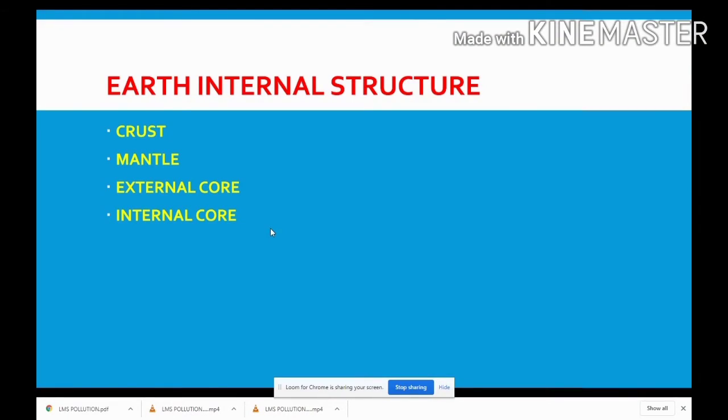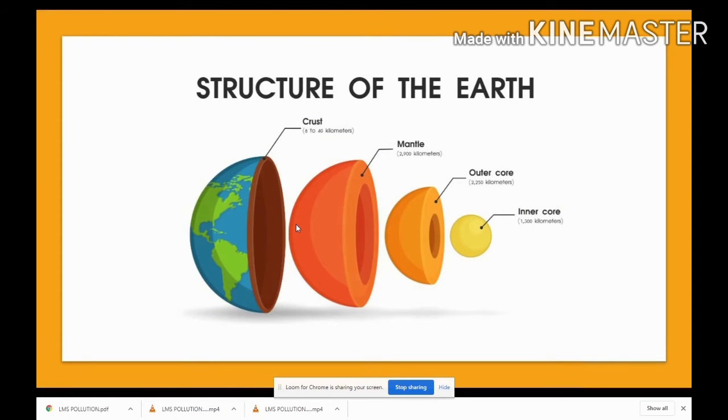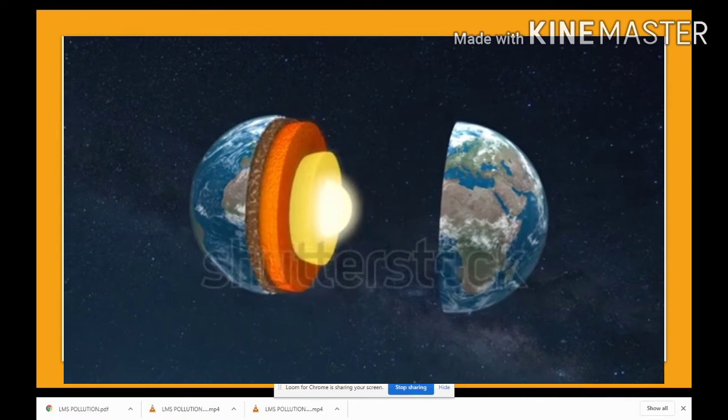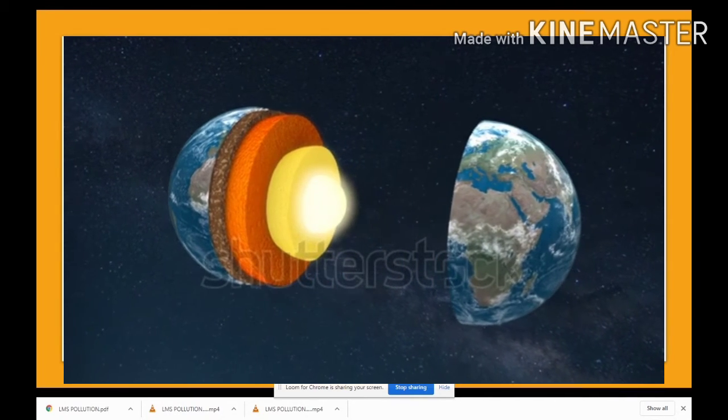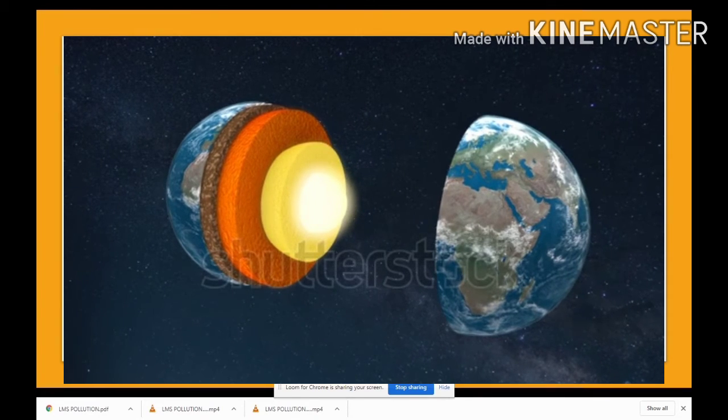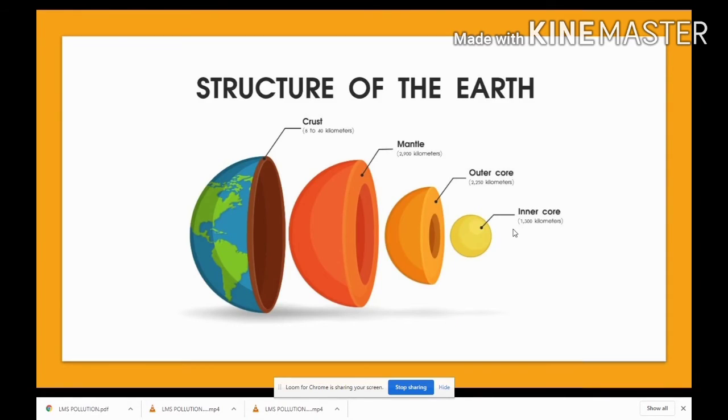Gutenberg divided the Earth's structure into 4 layers: crust, mantle, outer core, and inner core. See, this is how we can see when we separate all the structures. This is the crust, mantle, outer core, and inner core.